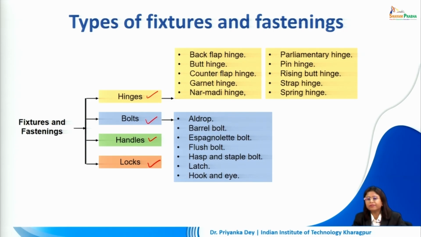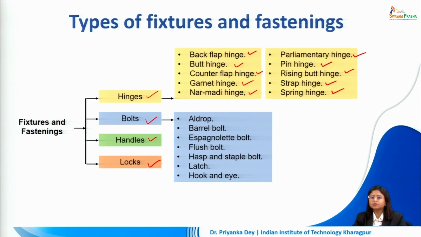Now we can have several types of hinges that we can use in our doors and windows: the back flap hinge, the butt hinge, counter flap hinge, garnet hinge and the Narmadi hinge. We can also have parliamentary hinges, pin hinge, rising butt hinge, strap hinge and spring hinge. So there are quite a few types of hinges that are available. We'll take a look at all of them.